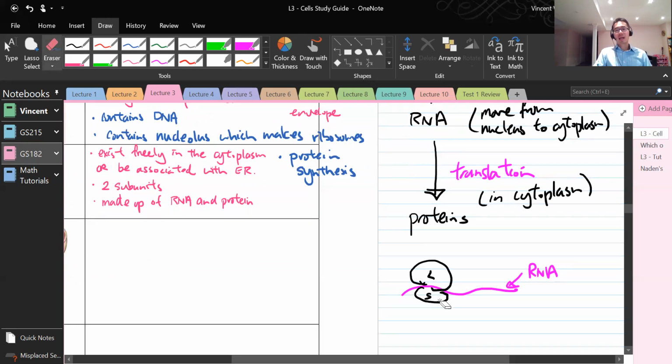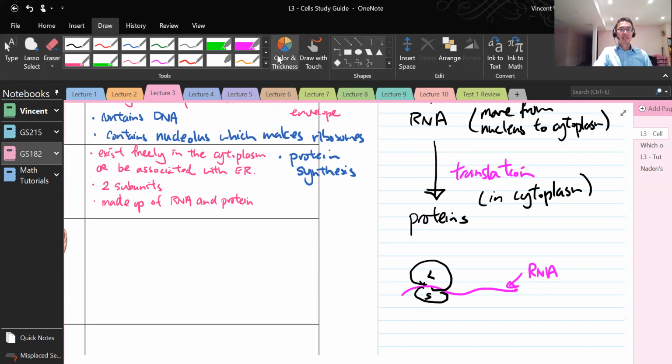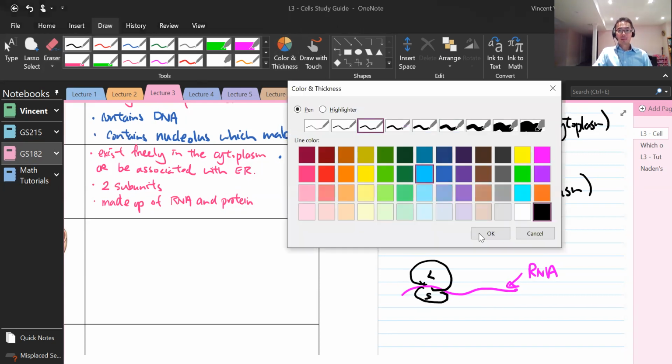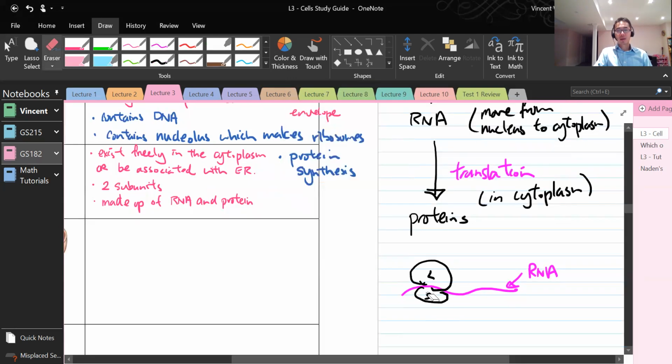Many people call this the hamburger and the spaghetti model. It clamps on like a burger onto this RNA, and then it reads the instructions on the RNA to make the protein. The RNA tells the ribosome what amino acids to link together. You take one amino acid, two amino acids, and keep linking them together like this. This is the polypeptide.